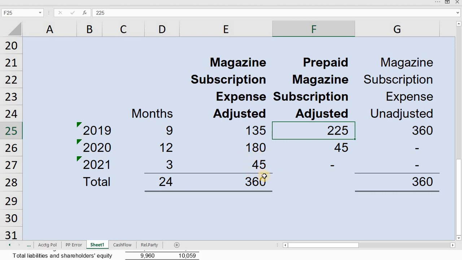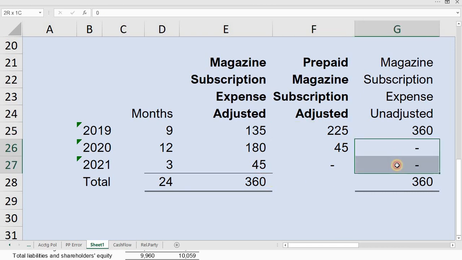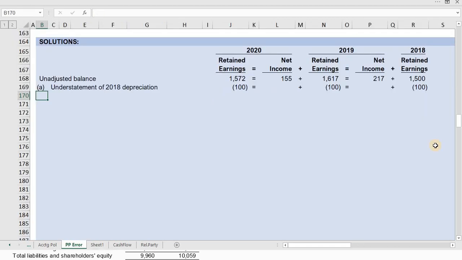However, the entity did not record any expense in 2020 and 2021. That is why in these years, the net income is overstated. But in 2019, the net income is understated. So now let us proceed to the analysis.